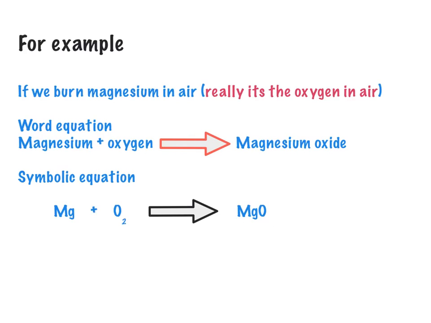So what we have to do now is simply count, and we count up the numbers of atoms in each one of these. So look here at the moment, we've got one Mg, two O, one Mg, one O. So that's not quite good enough yet, is it? So I'm going to use the O2 here to help me out over here.